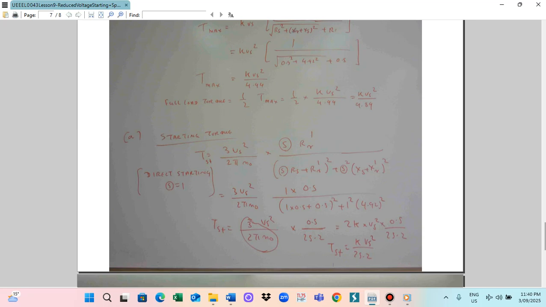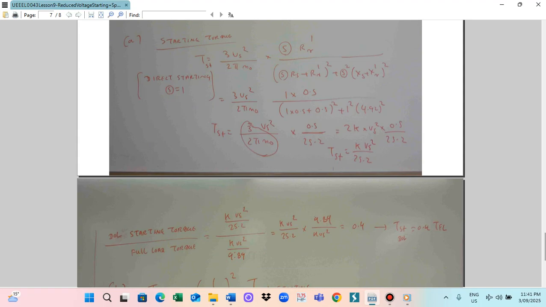So the whole thing is equal to 2K into Vs squared, multiply 0.5 divided by 25.2. So this will be K divided by 25.2. So this is the starting torque.